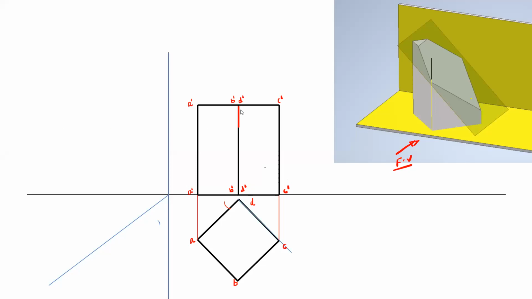So take a distance of 20 mm. You can draw one horizontal line and then by using a protractor, take the angle 45-degree or 40-degree and draw this section line. Okay. Now the portion which is just above the section line, this arrow indicates we need to remove that portion.